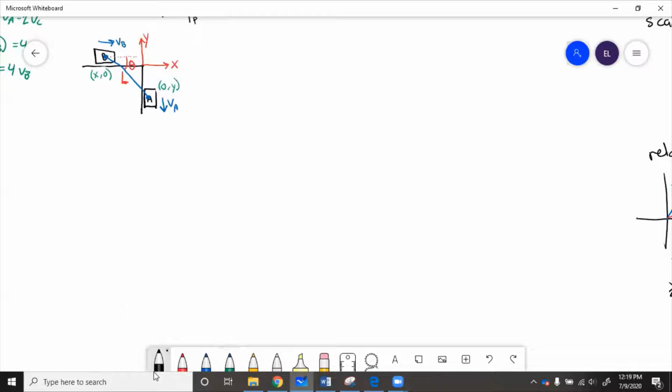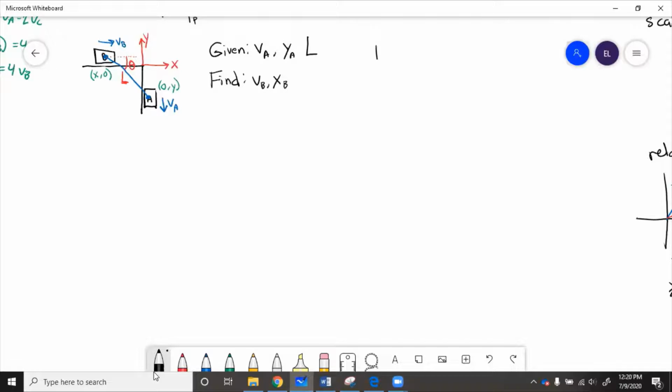So if we're given speed of A, position of A, find speed of B, position of B. All right, and we have to, of course, be given the length of the rope.